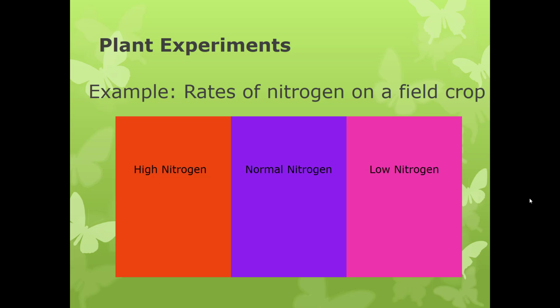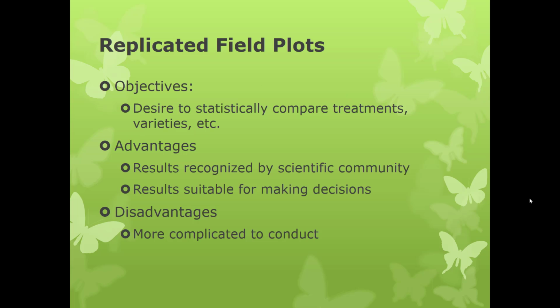That is a pretty straightforward example, but in subsequent slides I'm going to show you it can actually get a little bit more complicated the more things that you add to it.